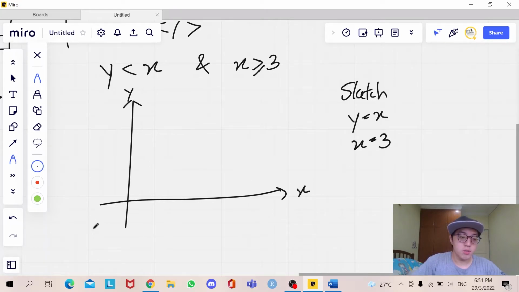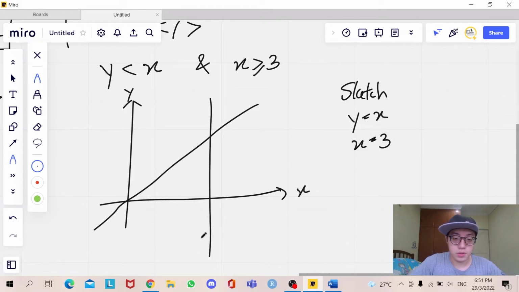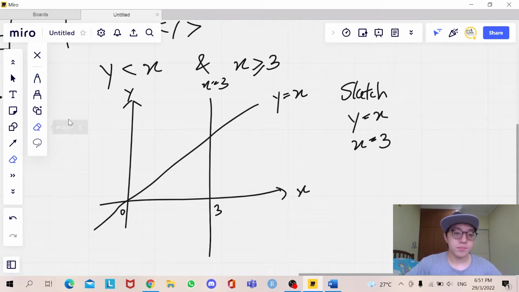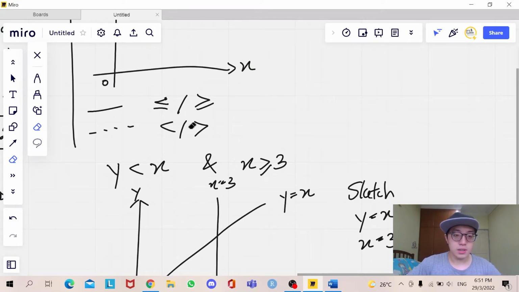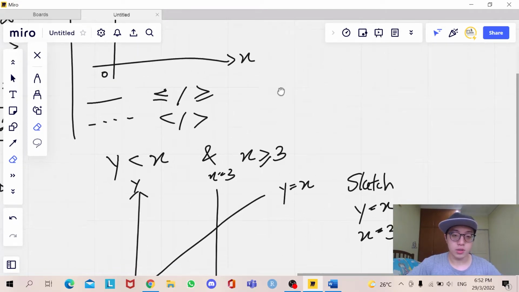So y equals to x is this line over here, and x equals to 3 is this line over here. This is 3, this is 0. But from the first part, we see that if it's lesser or more than, we are using dotted lines.